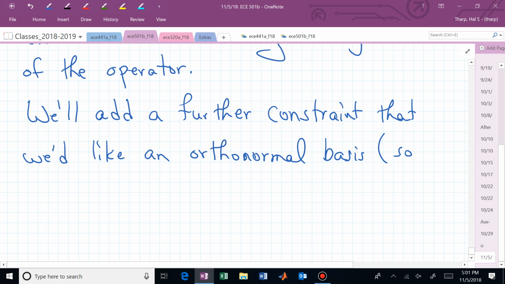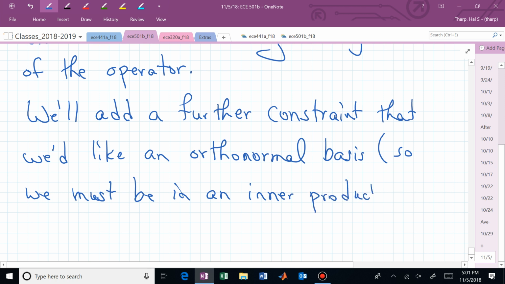And if we're dealing with orthonormal or magnitudes of vectors, then we have some inner product going on. So we must be in an inner product space.